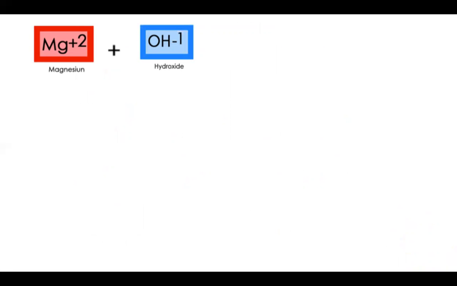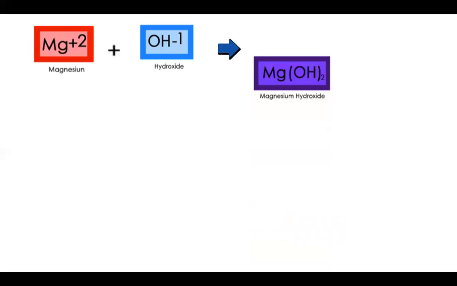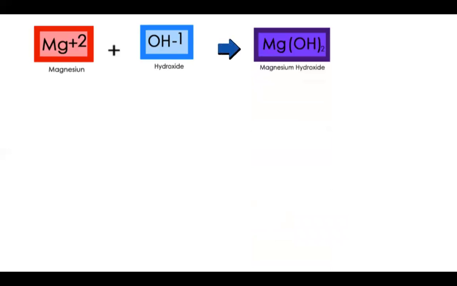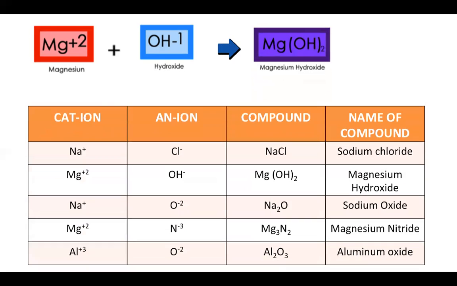So like magnesium is a monoatomic because it has only one element, while the hydroxide is your polyatomic anion, yields magnesium hydroxide. So you don't need to change anything in naming with polyatomic ions.